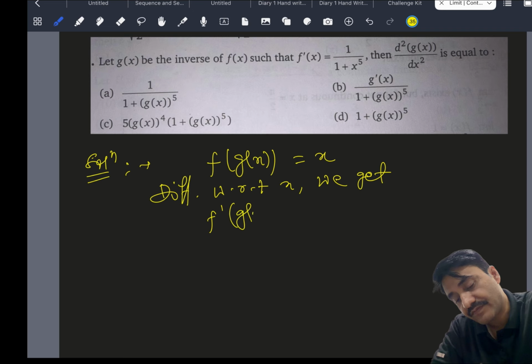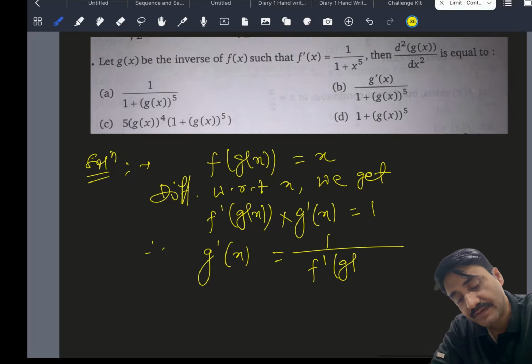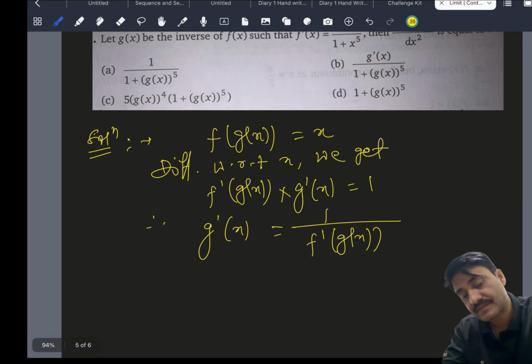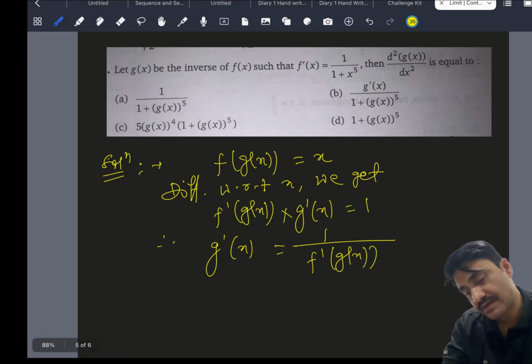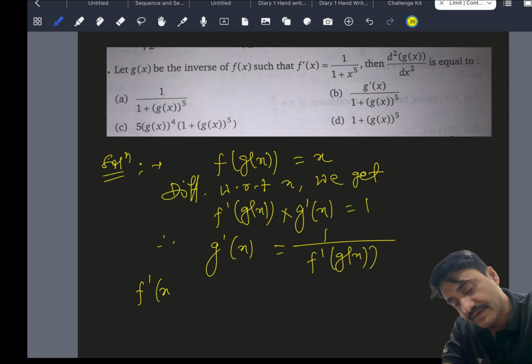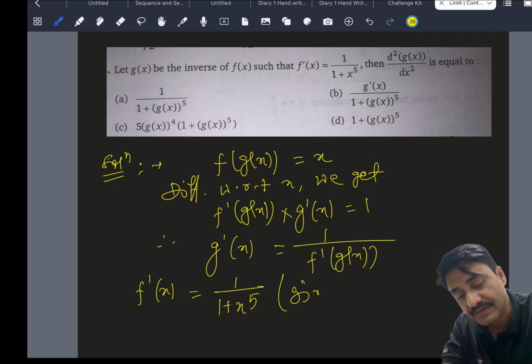So it will be f dash g(x) into g dash x is equal to 1 and therefore g dash x is equal to 1 by f dash g(x). f dash x is equal to 1 by 1 plus x raised to 5. It is given.